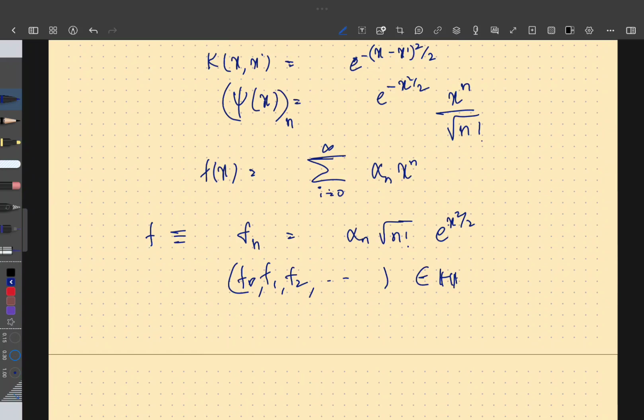Okay. I am sorry? Which one? No, this is how I am defining fn, the nth component of the vector representation of f, the representation in the Hilbert space. It depends on x, yes.